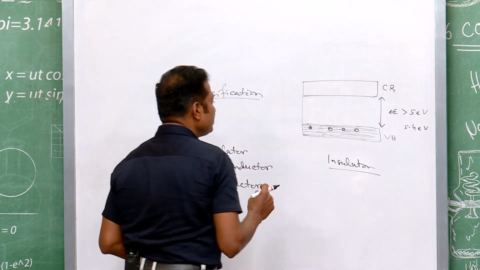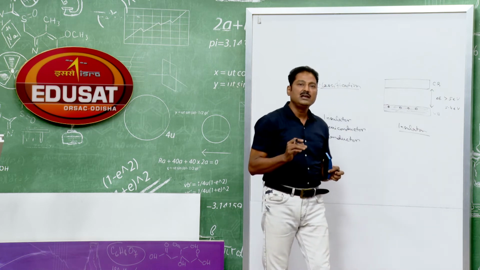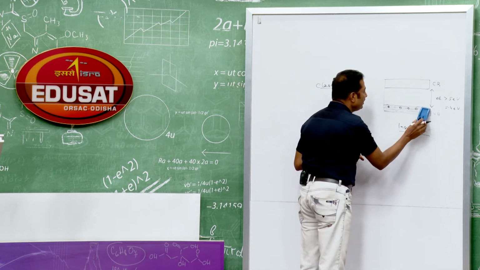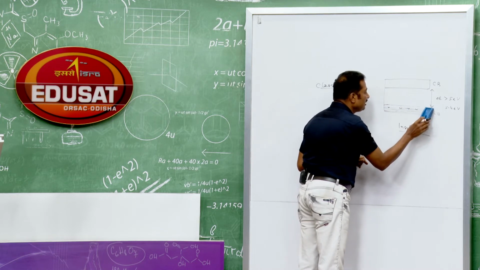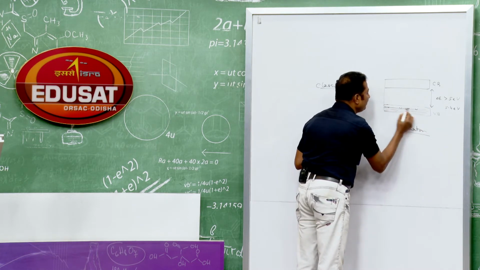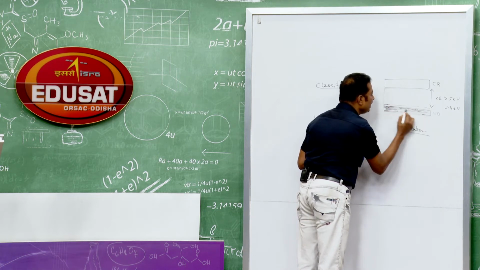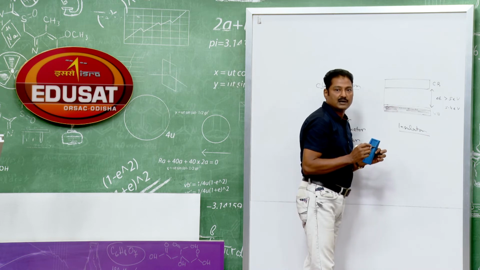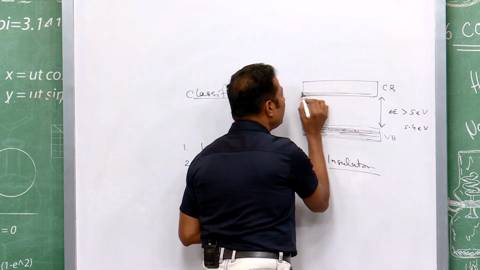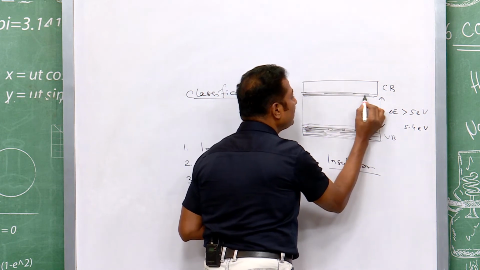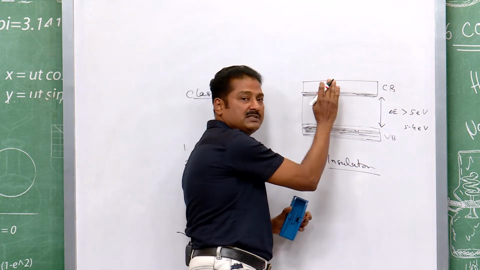Now, you come to the semiconductor. In a semiconductor, the valence band is nearly filled. That means some gap is there, some empty space is there, but it is nearly filled. The valence band is filled by the energy levels, and in the conduction band there are a small number of energy levels, but most of the space is empty.